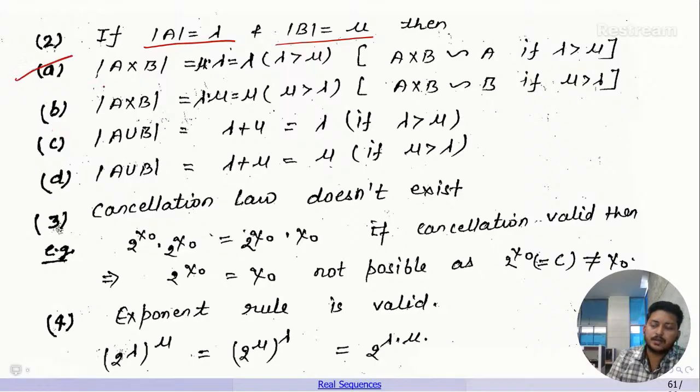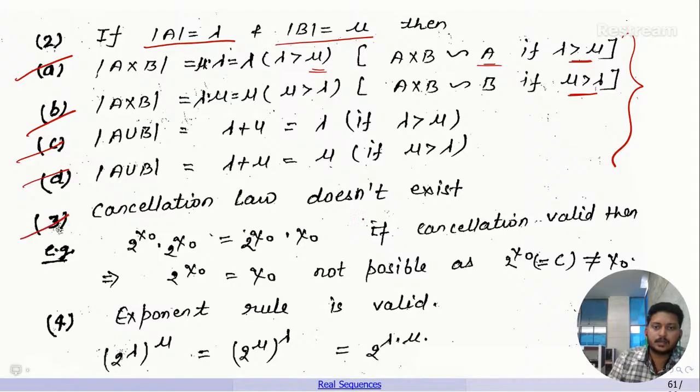First, if the cardinality of A cross B, which is the multiplication of these two, is the union of mu and lambda, which is greater than mu, then these are similar sets for A if these conditions hold, and for B parts these are the conditions for C and D like this. The whole thing says this is an extension of the continuum hypothesis.